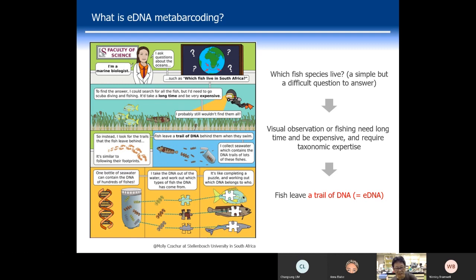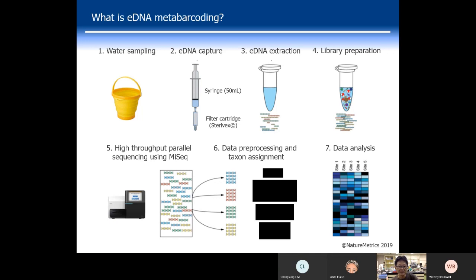Environmental DNA is shed from microorganisms, feces, mucus, or some substances, not DNA directly itself.